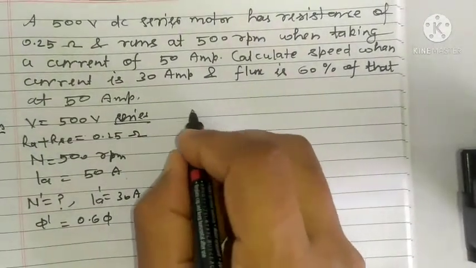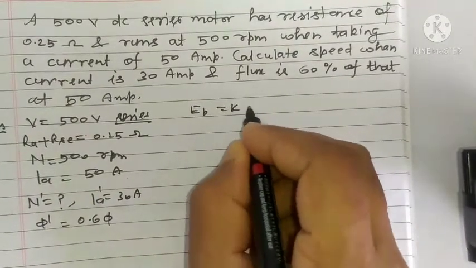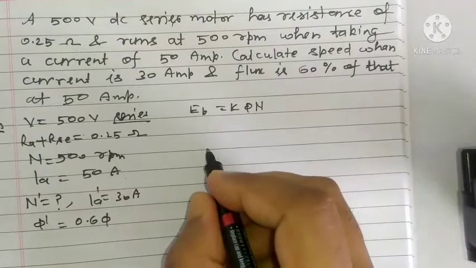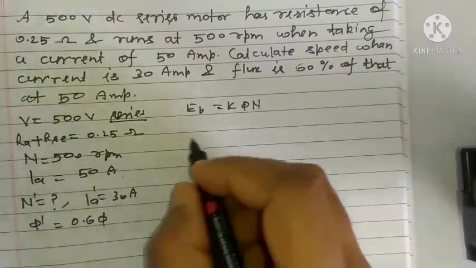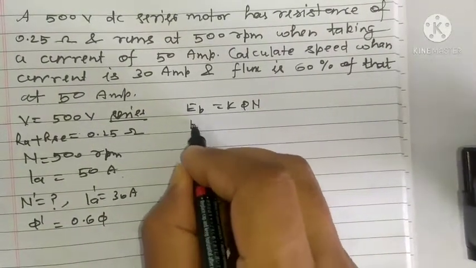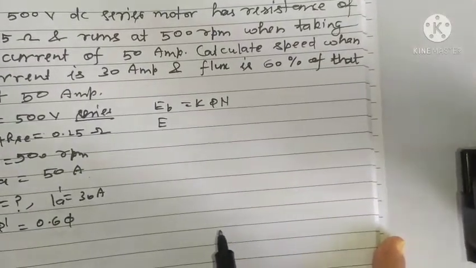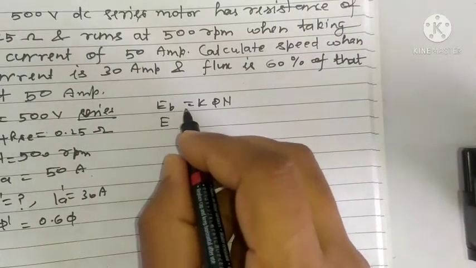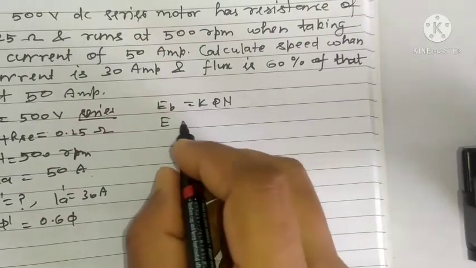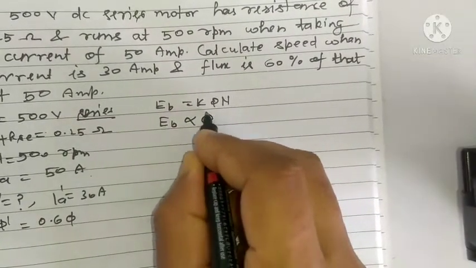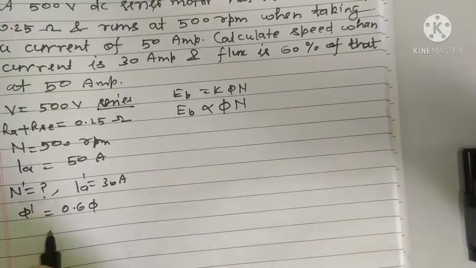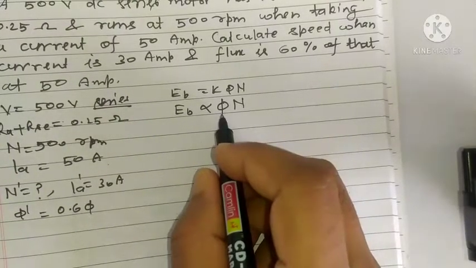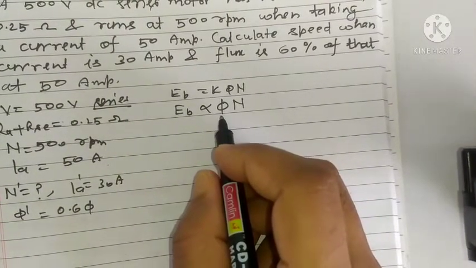Okay, so what is EB? It is K phi n. We need to develop a relation for speed. For that we have back EMF, because to find speed we require an expression in which speed is involved. So speed is involved in back EMF. EB is directly proportional to phi n, as it is a series motor, and what we are seeing, flux is not constant, it is changing. It will be variable and it will be replaced by Ia also.